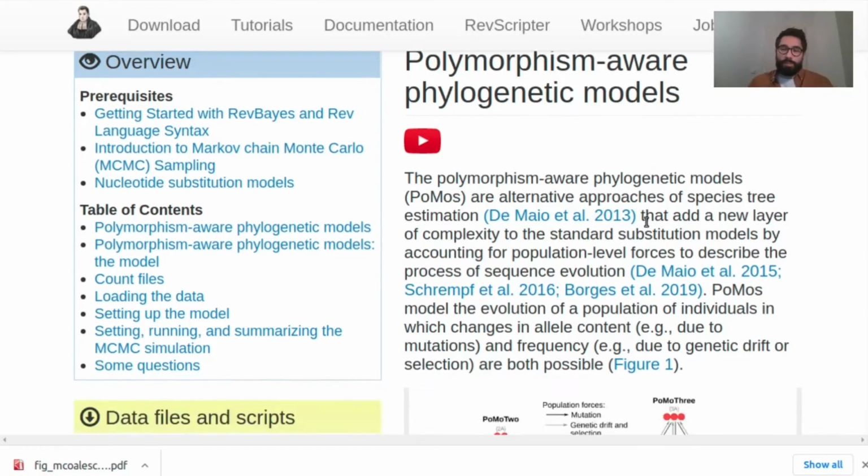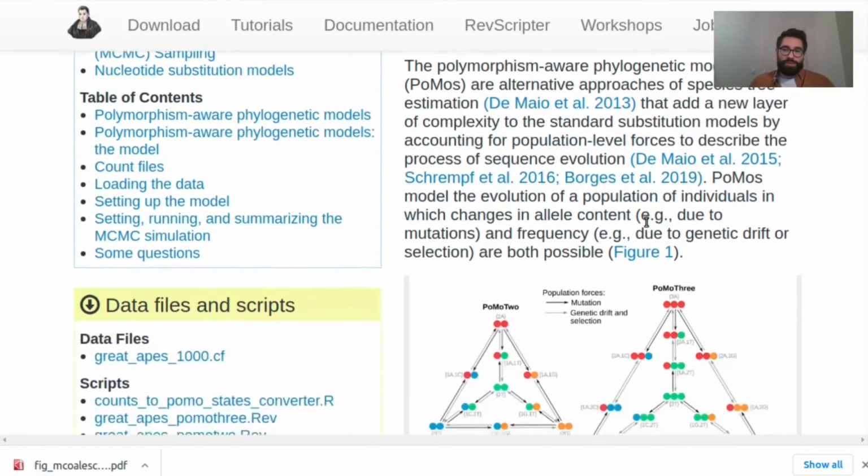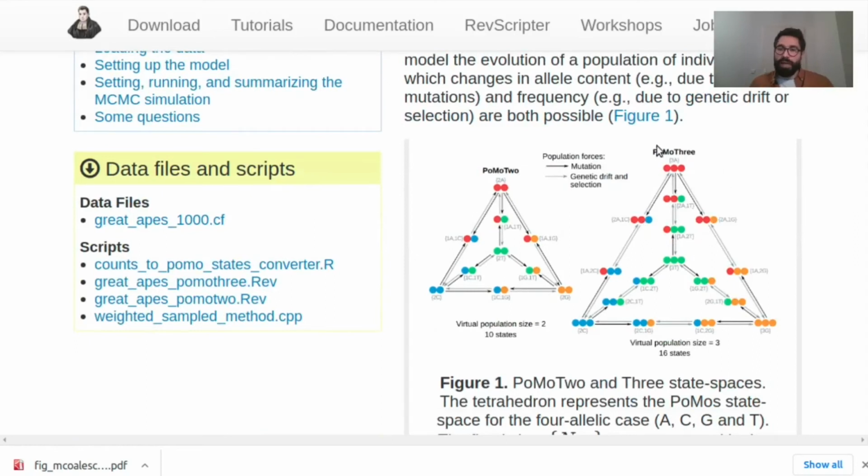So essentially POMO models the evolution of a population of individuals through time, in which changes in allele content and allele frequency are both possible. But this is best explained by looking at this scheme here. So here I'm representing the typical POMO state space, and as I told you, each state represents a possible population state.